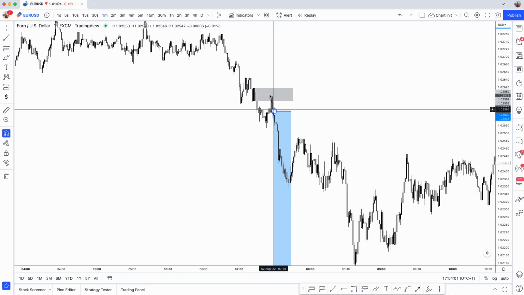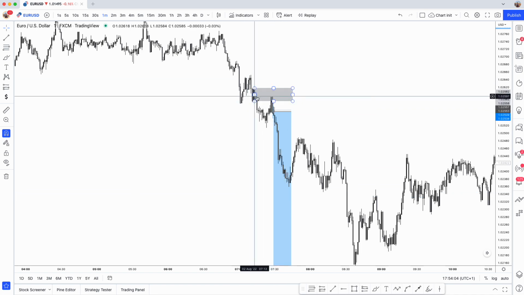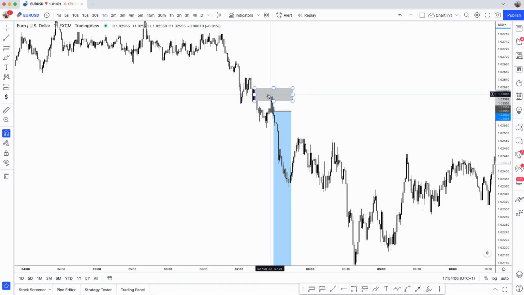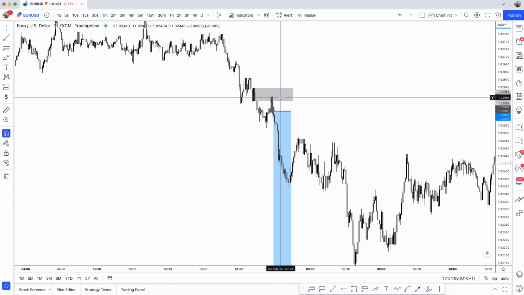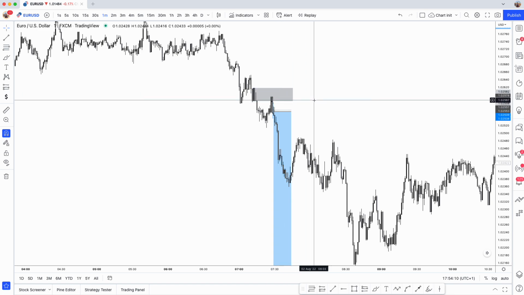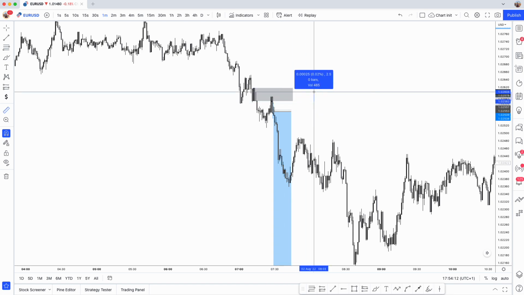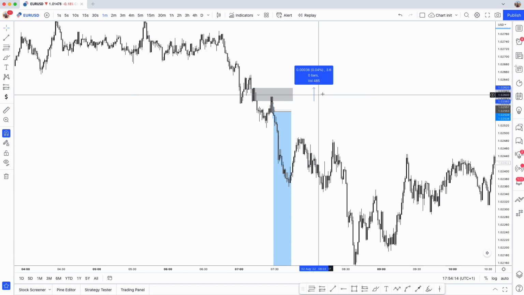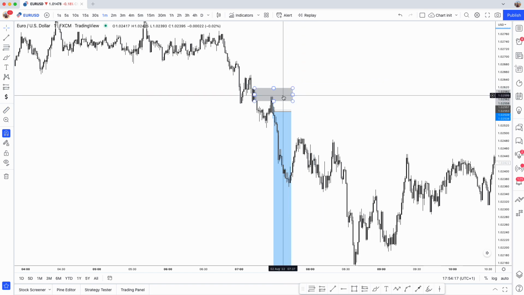Coming into this thinking about the 1 minute POI, trading off a confirmation straight off the 1 second is quite scary, purely because of the size of the POI. It's not a huge POI, to be fair. It's a 3 pip POI, but going off the 1 second is quite scary.